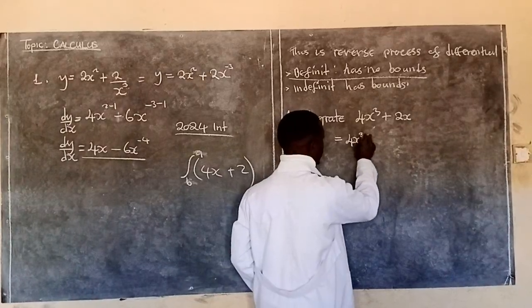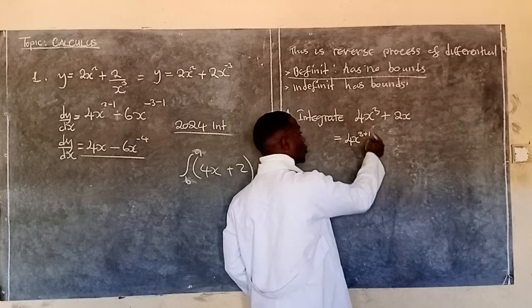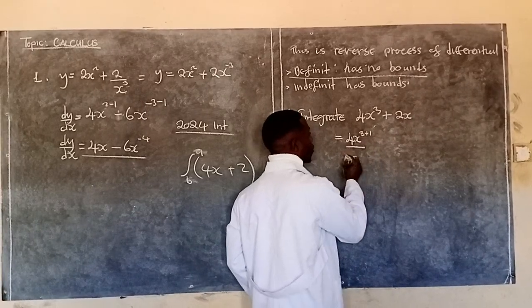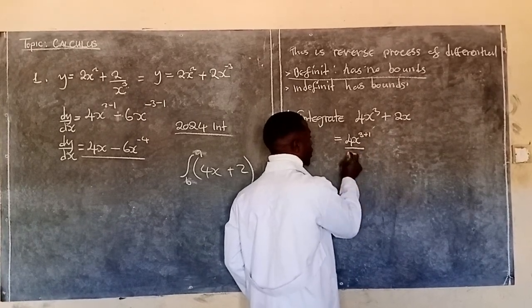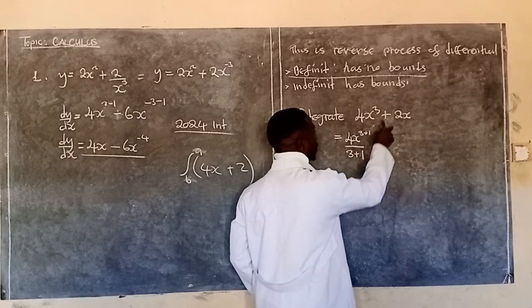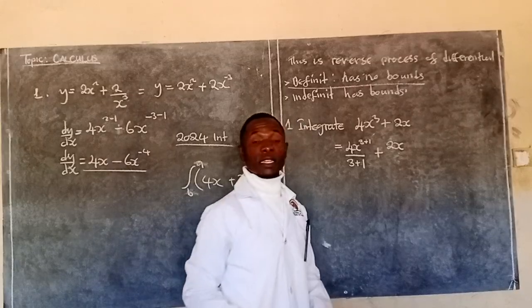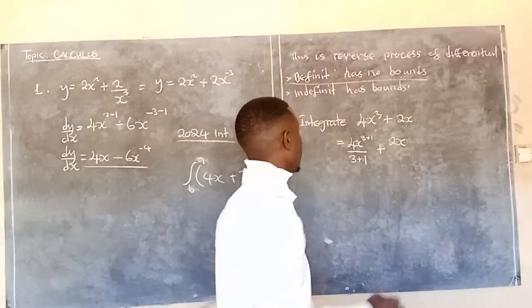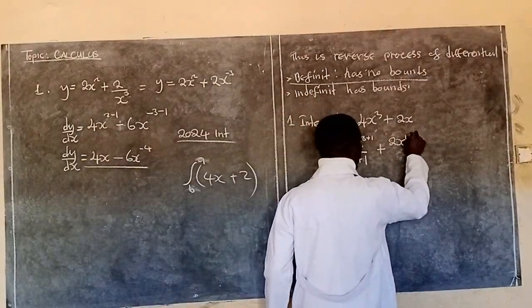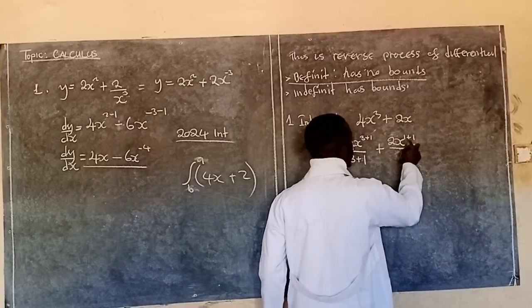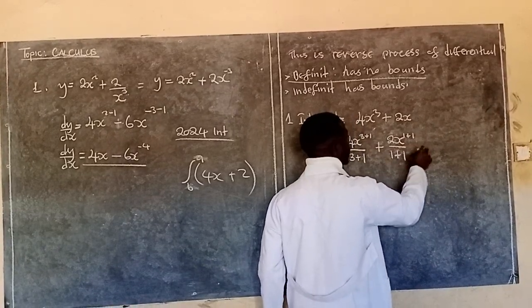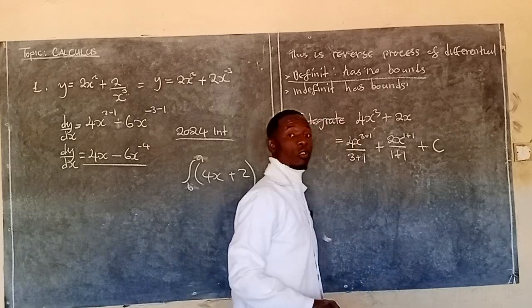So here we're going to have 3 plus 1, and we divide by 3 plus 1. There's a plus here. Here we have 2x, and remember, there's an invisible 1 on the 2x. Therefore, this also will be 1 plus 1, over 1 plus 1. The repeating, we just say plus c, being the constant.